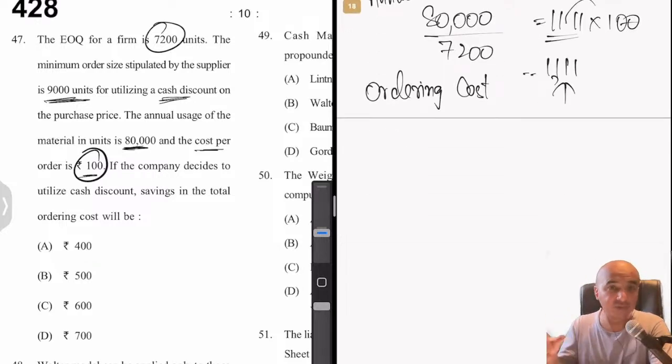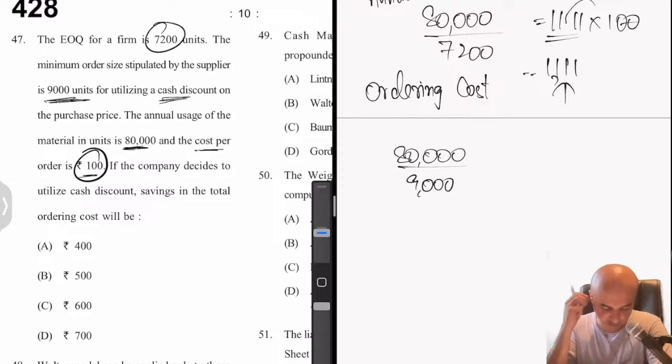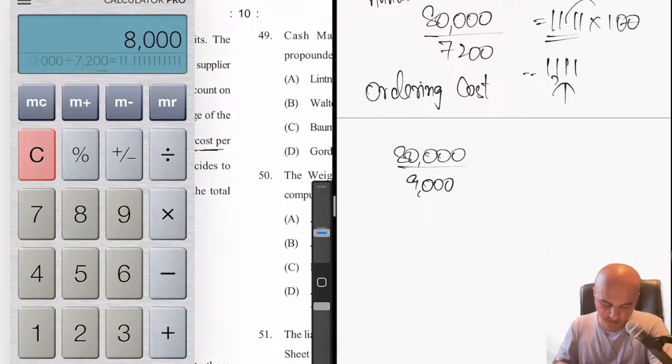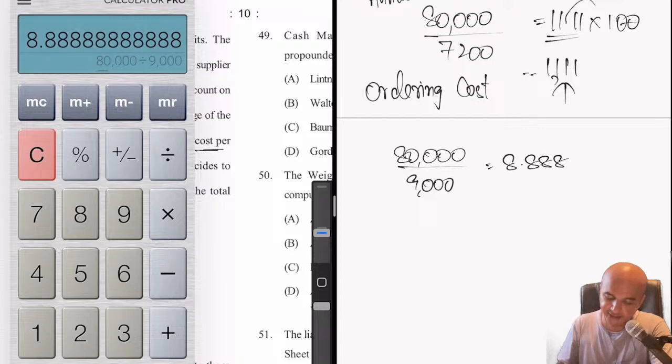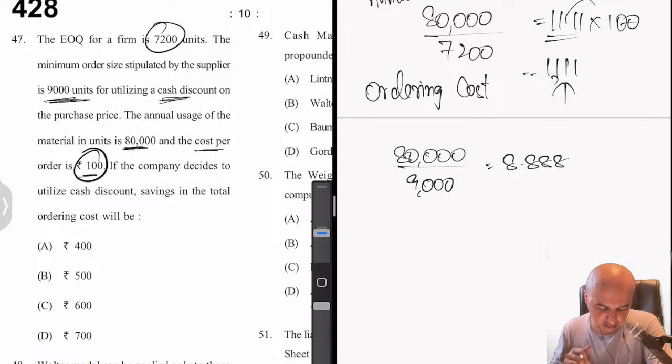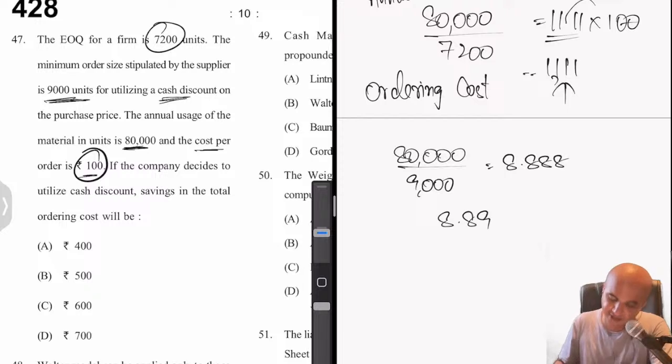Now, if the company uses the cash discount, what would be the situation? 80,000 would still be required, but now the minimum order size would be 9,000. So we'll have to again do the math. 80,000 divided by 9,000 is 8.888. Now this 8.89 orders, I'm just rounding it off, into 100 rupees per order, will be 889.